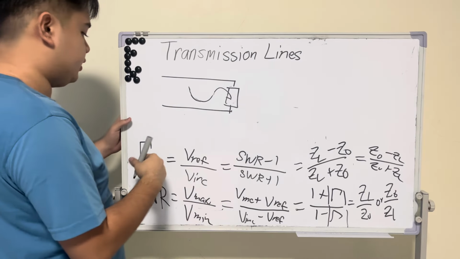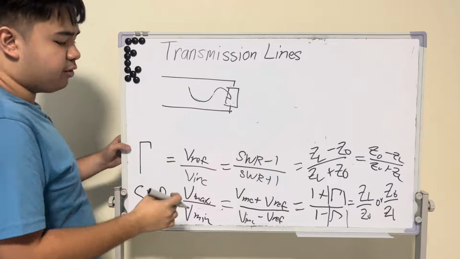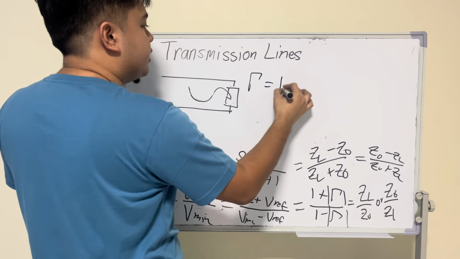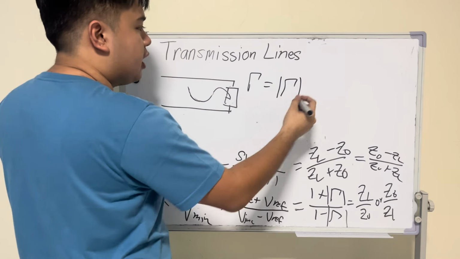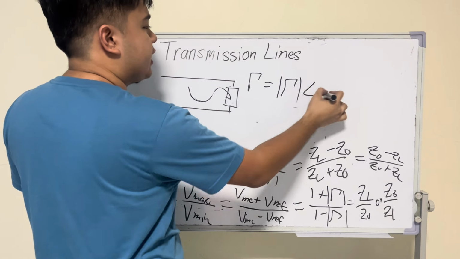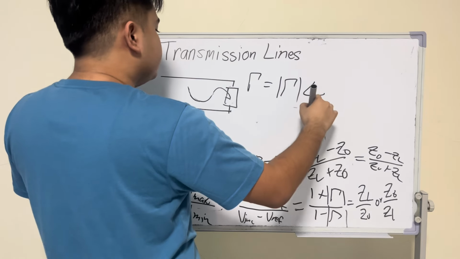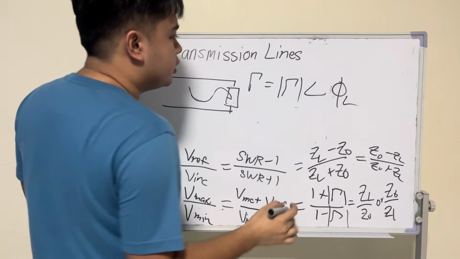So if we find the polar form of the reflection coefficient, we would get the magnitude of the reflection coefficient, angle, and then the argument or phi. There we go. The phi of the load, right?